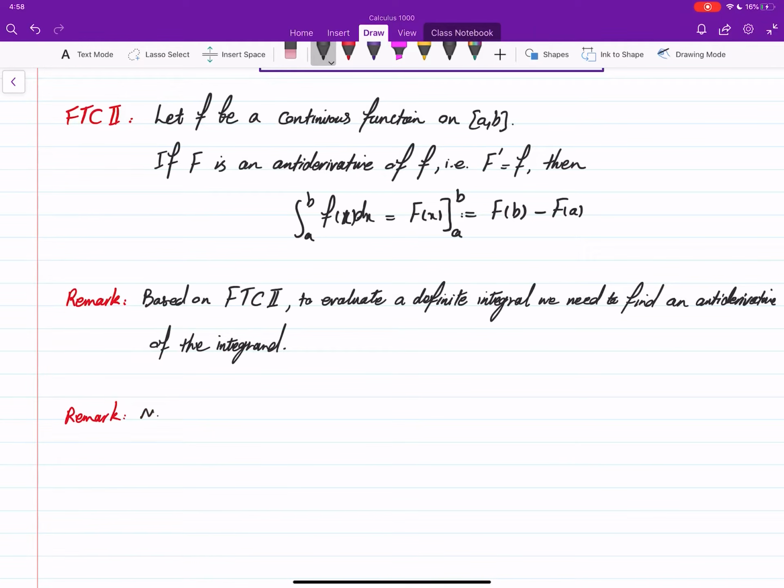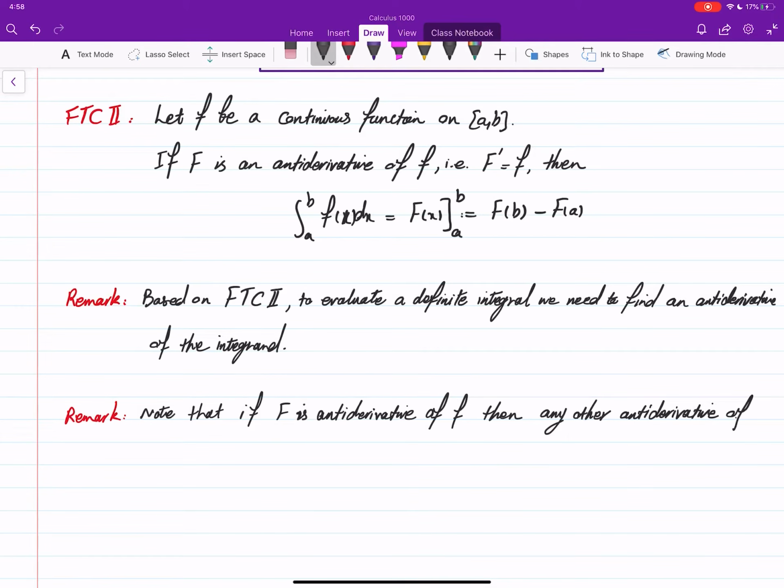So note that if F is an antiderivative of f, then any other antiderivative of f is of the form, well, remember, what was it?